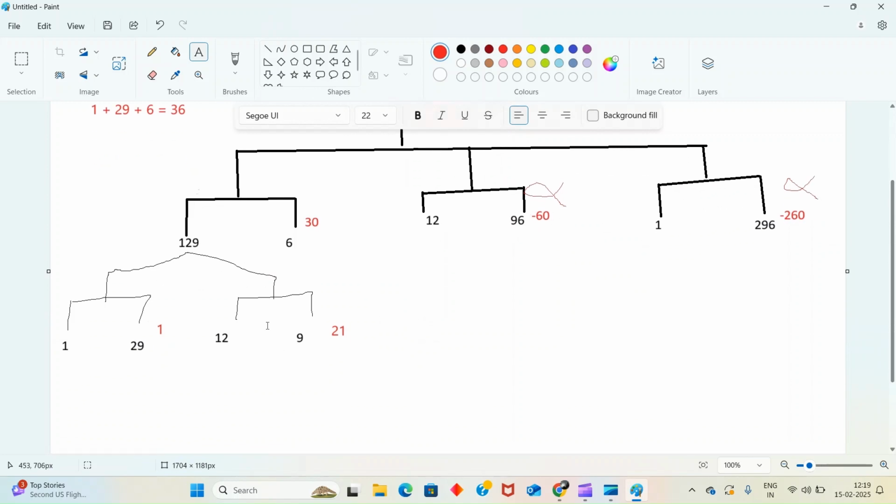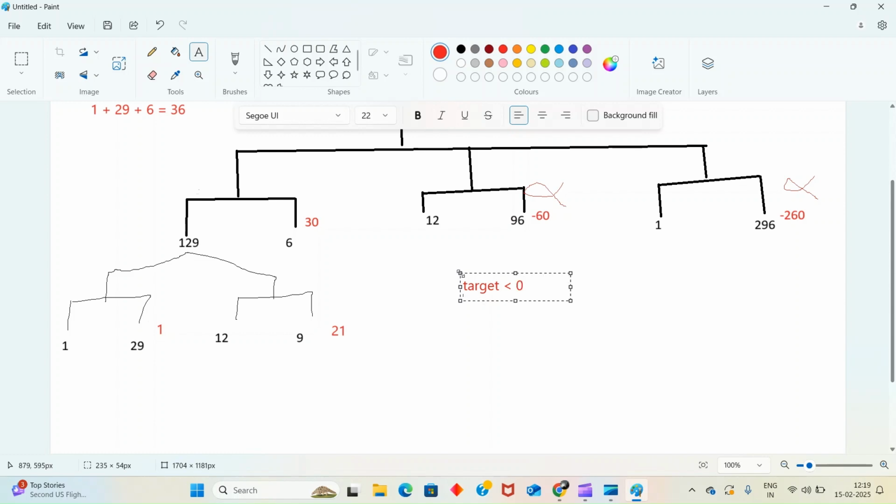And here also my target is 21. I want 21 more after reducing 6 and 9, but the number is 12. We cannot make partitions in 12 and make it 29. So one invalid case is when my target is less than our number.